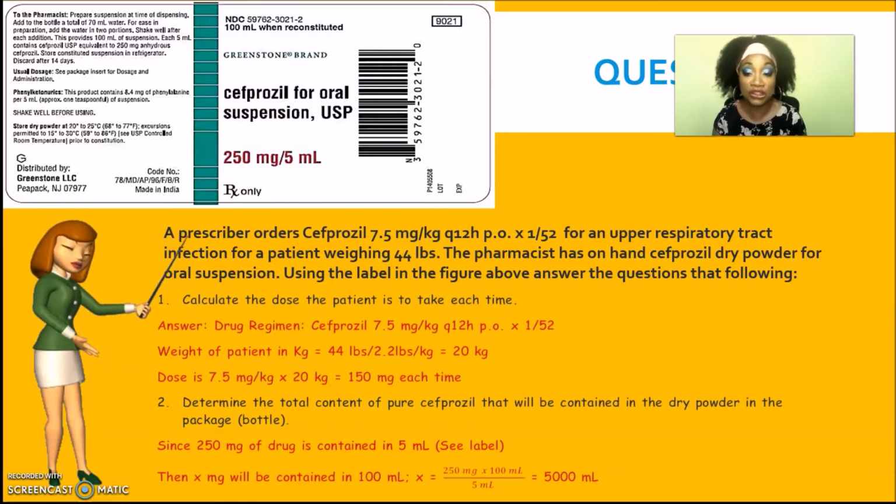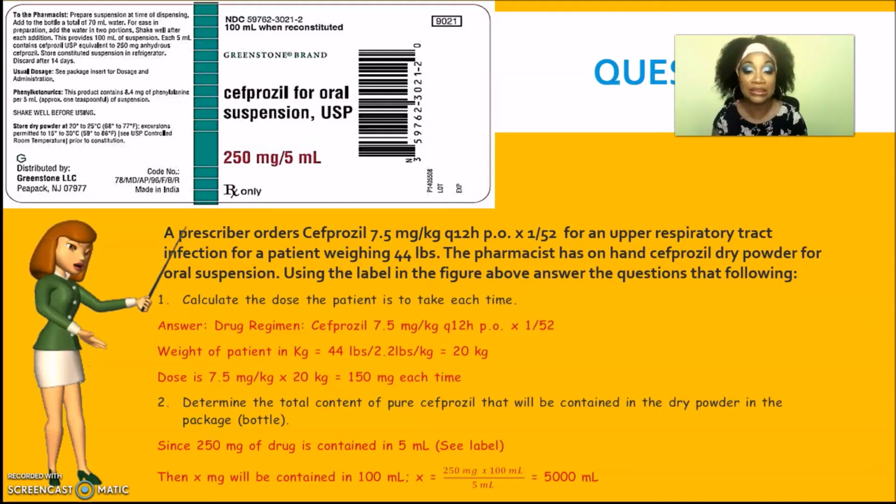Then we now look at the questions. The first question says that we are to calculate the dose for the patient. Now this is pretty straightforward. You have the weight of the patient in pounds. It's 44 pounds. You'll have to convert that to kilograms. You got 20 kilograms. And then you look at how the drug is dosed. The dosage regimen states 7.5 milligrams for every kilogram body weight every 12 hours.